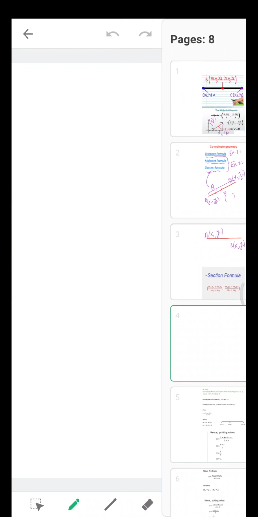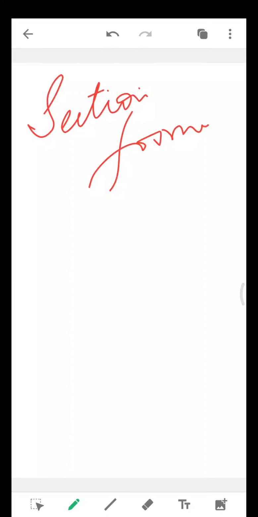Now coming to the next point, section formula. What is section formula? What is the difference between section formula and midpoint formula? We'll see that. First let me explain when we will use that.